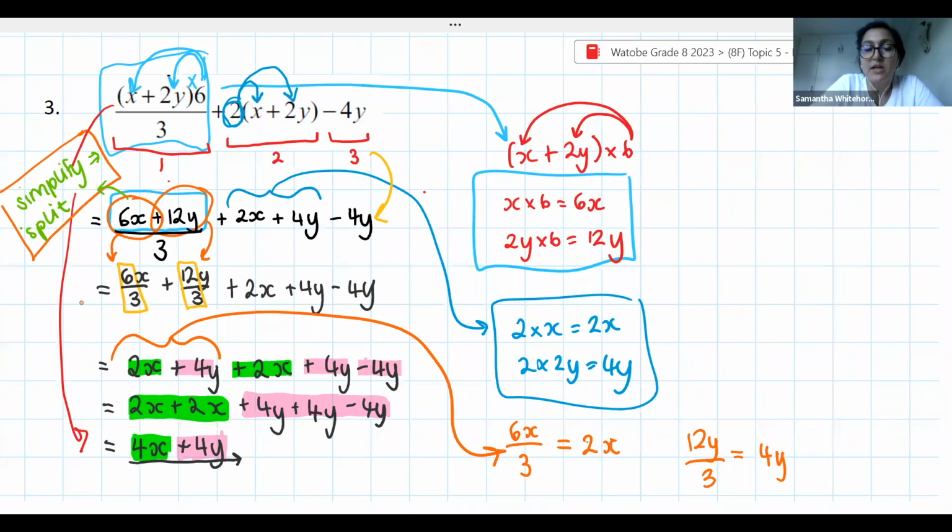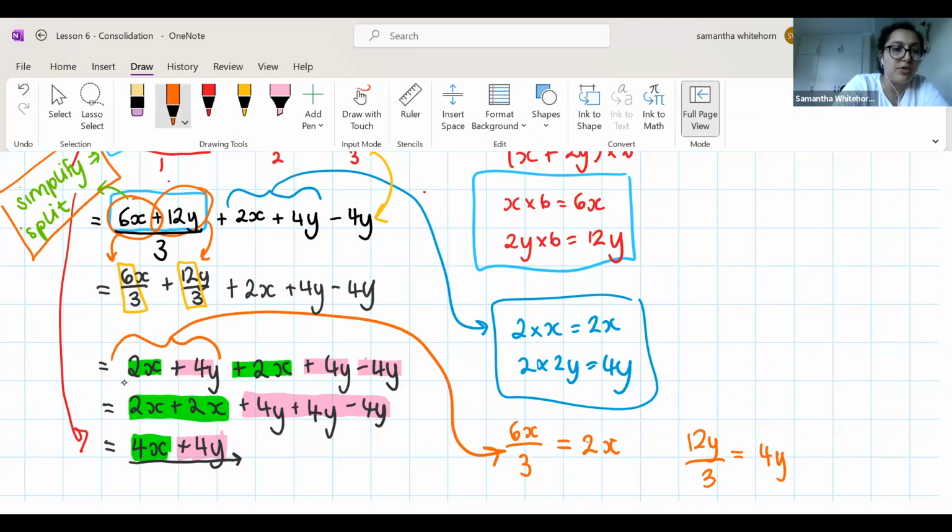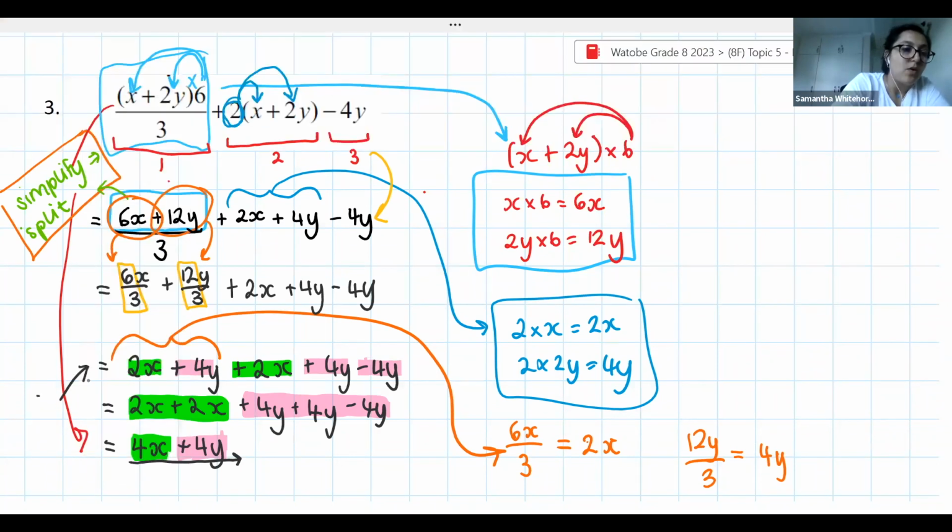Once all of that is dealt with, so once the multiplication and division is dealt with, that is now when I look for my like terms. In the third last step over here, what I am doing is collecting my like terms. This is why I've highlighted all the terms that have x in them and all the terms that have y in them, because those are the terms I can now add or subtract.